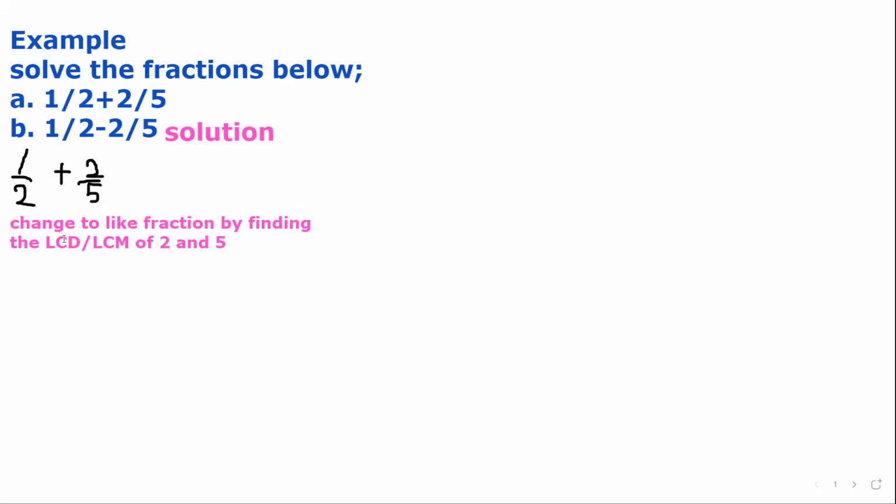The first one is the multiples method, whereby you list the multiples of 2 and then you list the multiples of 5. After then, you list the common multiples. When you talk about the common multiples, the number that appears in the multiples of 2 and at the same time appears in the multiples of 5.